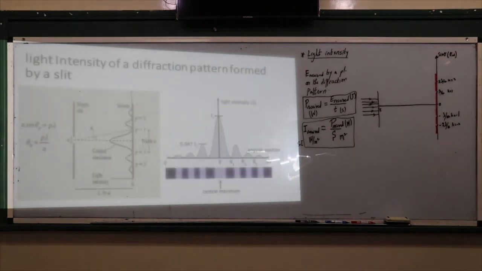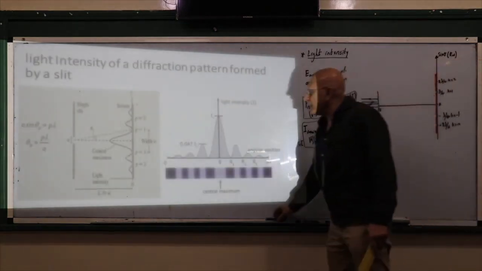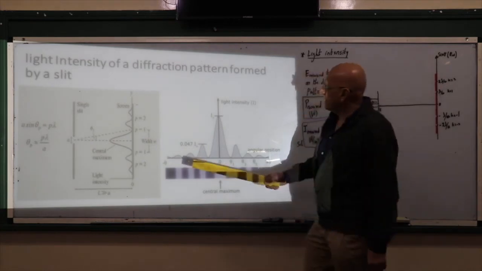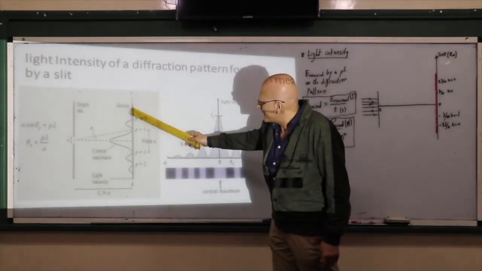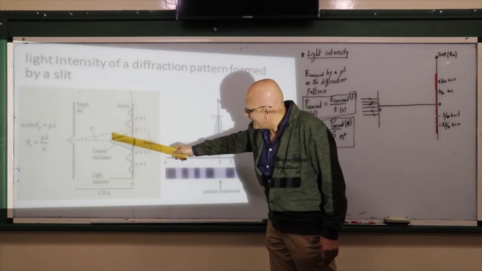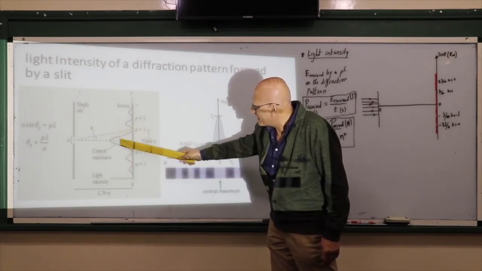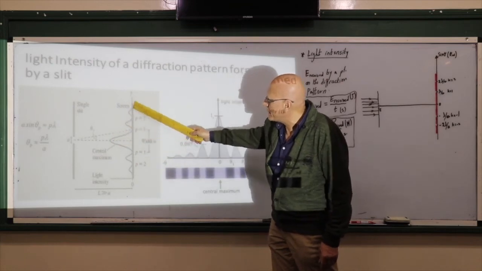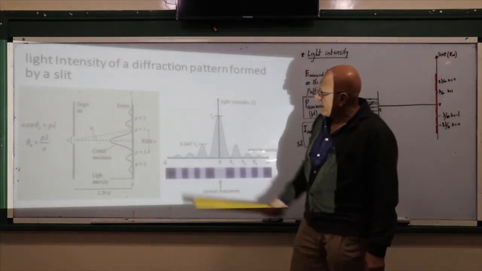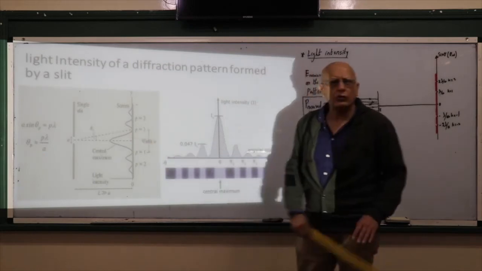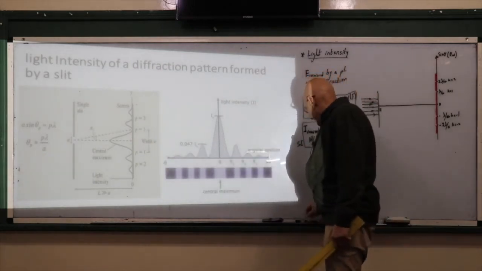Look at this figure. This figure is the graph of the intensity. Intensity along the screen, the intensity of light varies in this way. Okay? Let's see how to draw this figure of intensity.